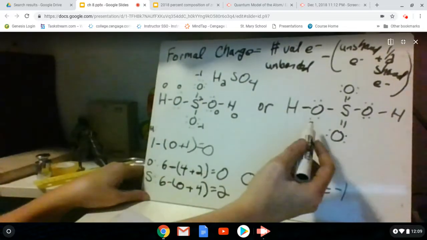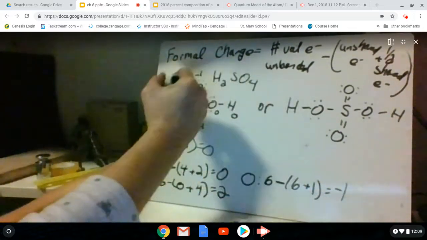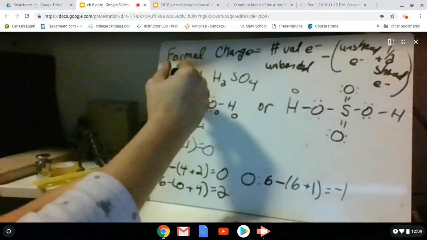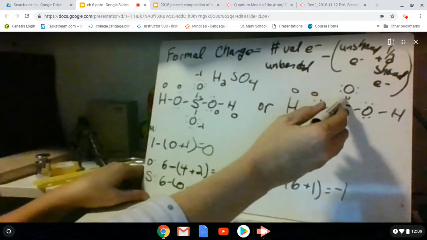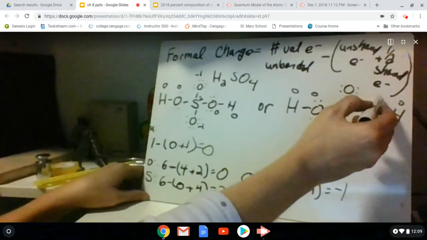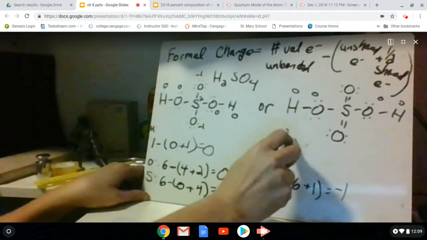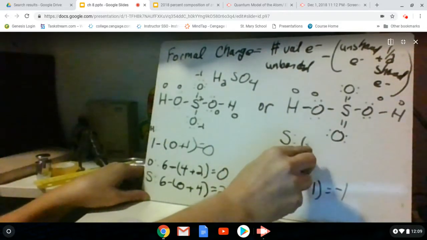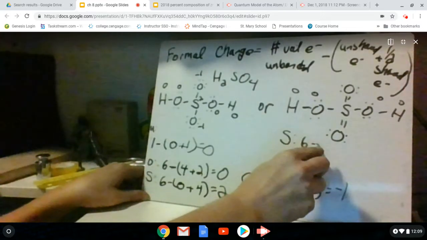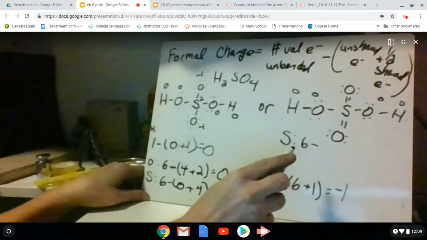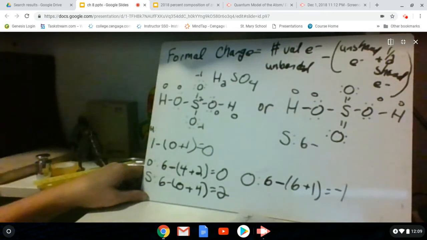Okay. However, if we look at this formal charge, we know that that's going to be 0. We know that that's going to be 0. So we're only really looking at this sulfur and this oxygen because these are all the same. So let's look at the sulfur. Sulfur has 6 minus... sorry, I lost my spot.